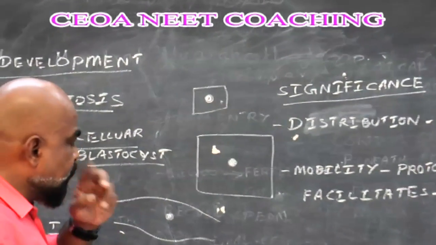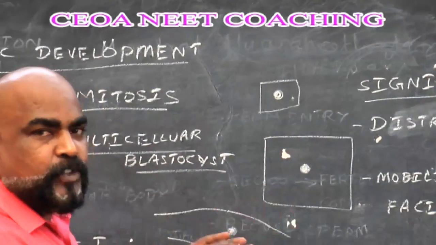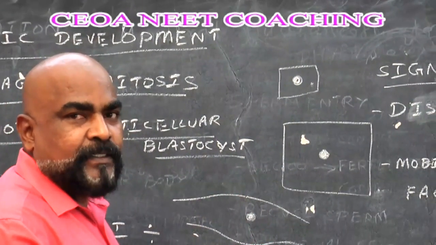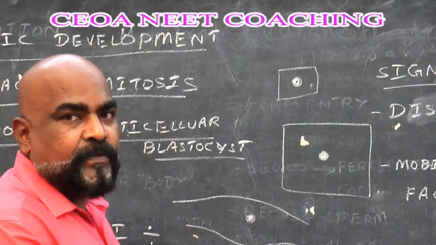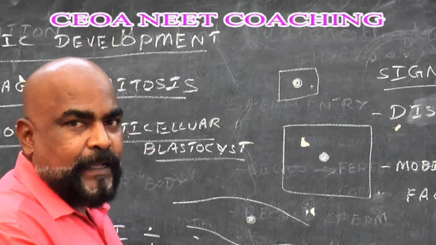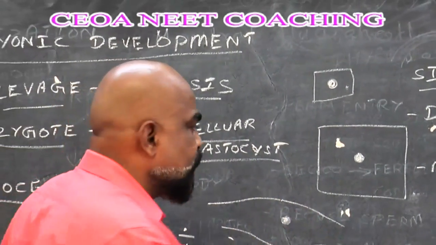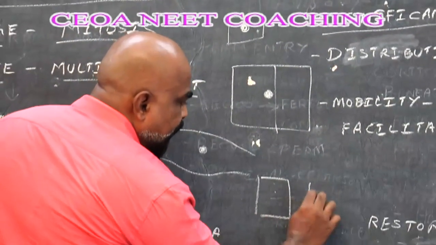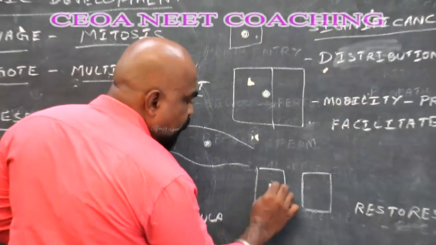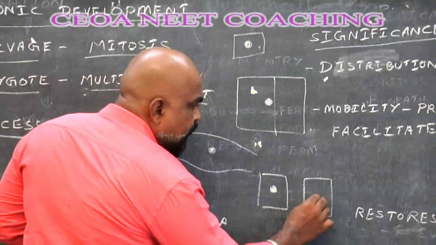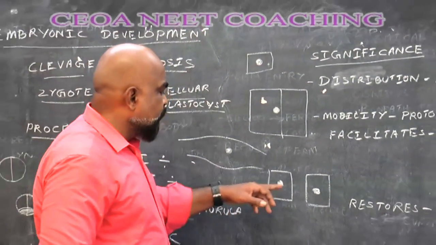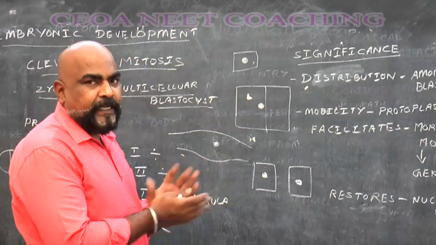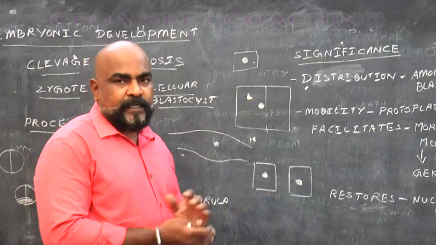Now the amount of cytoplasm is too much, so this nucleus cannot manage. So the cell won't survive. So in nature, when the cell grows, it is divided into two, and each one is provided with one nucleus. So the nucleus and cytoplasmic quantity ratio is maintained. So this is done by cleavage.